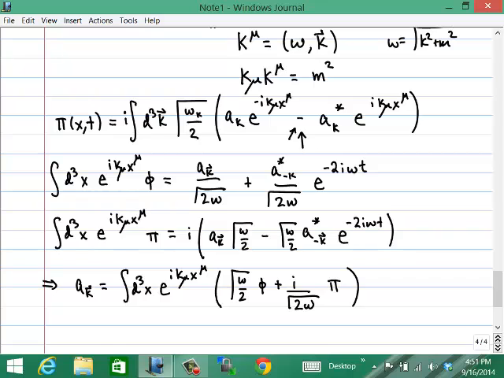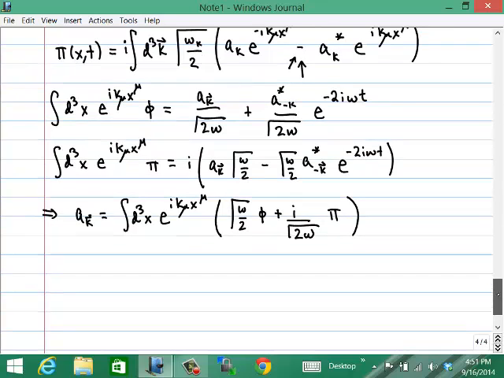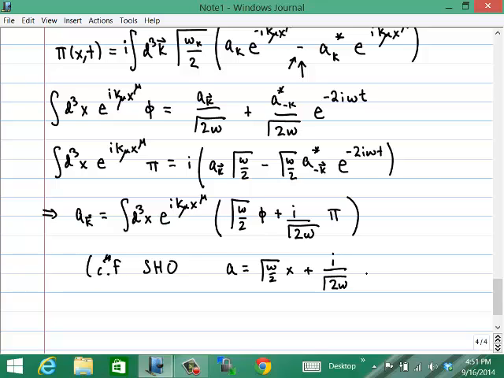Hopefully, if you remember the harmonic oscillator from classical mechanics, this looks pretty familiar to you. If you have a simple harmonic oscillator, a is equal to the square root of omega over 2 times x plus i over the square root of 2 omega times p.